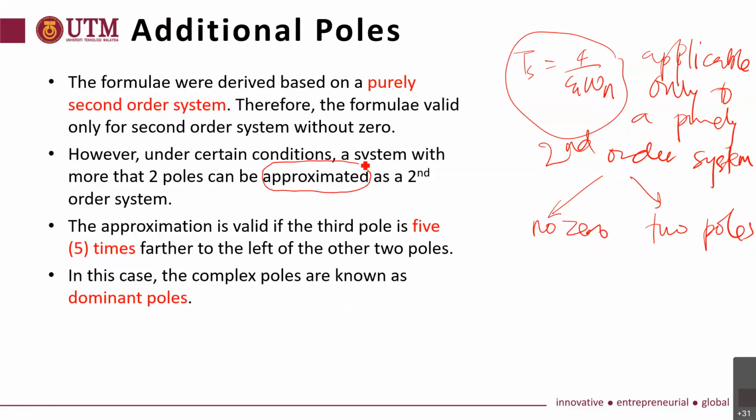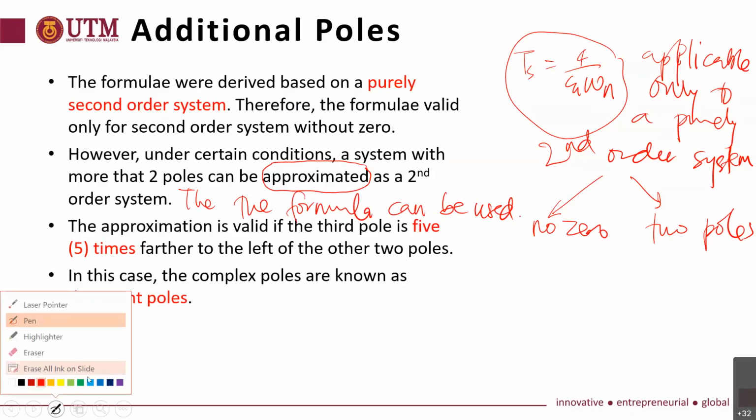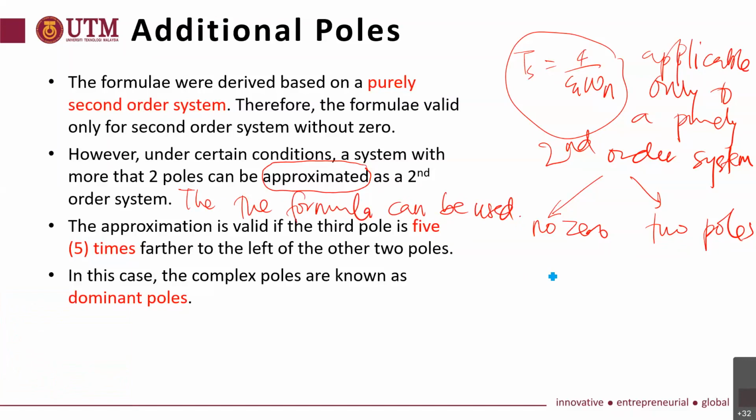If we can approximate, then the formula can be used. If we can approximate that system as similar to a second order system, then we can use the formula. So when can we approximate a higher order system into a second order system?